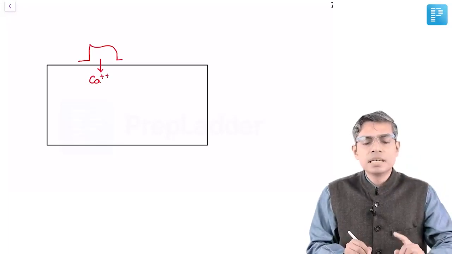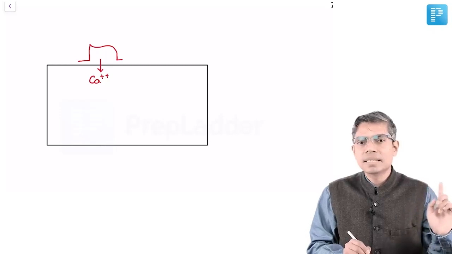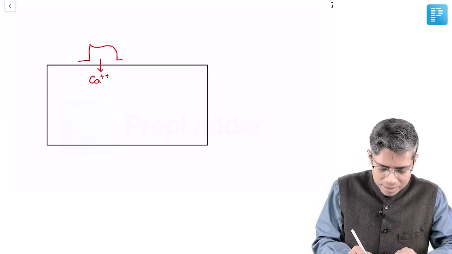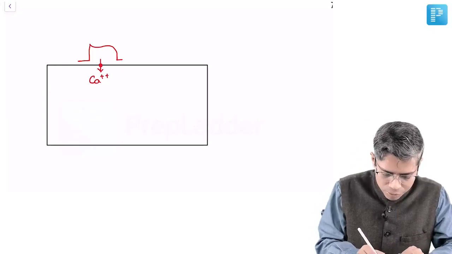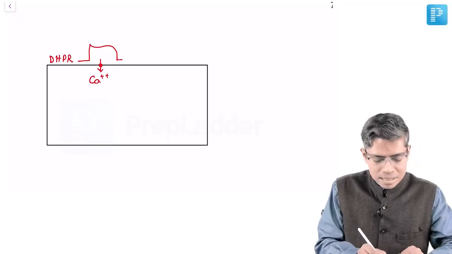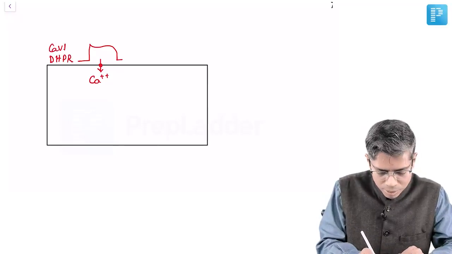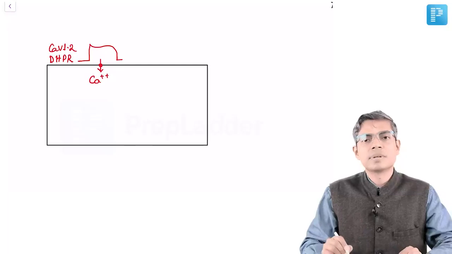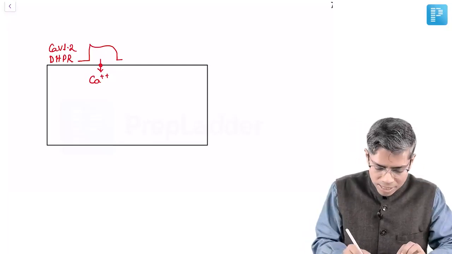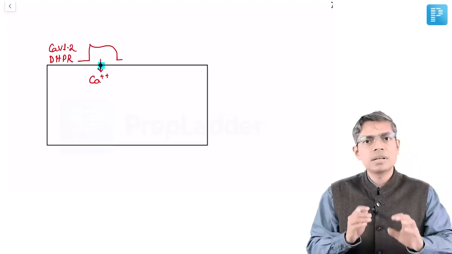DHPR. If you have already read the skeletal muscle chapter, then you will find that this calcium channel, the DHPR channel or the CAV 1.2 channel, is present on the T-tubular membrane.